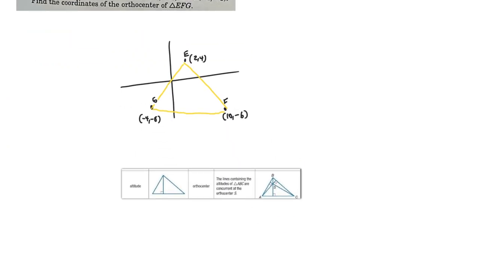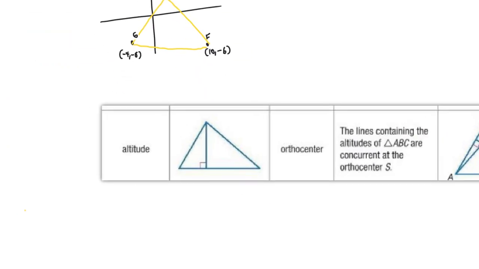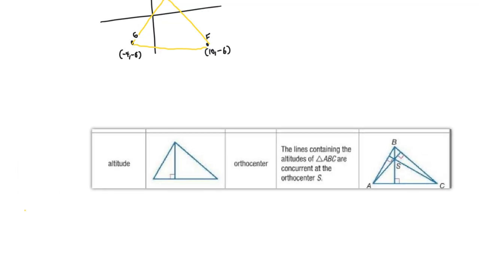Let's remind ourselves that an altitude is like starting at a vertex and dropping straight down in such a way that forms 90 degrees with this side. And the orthocenter is where all those altitudes cross each other.